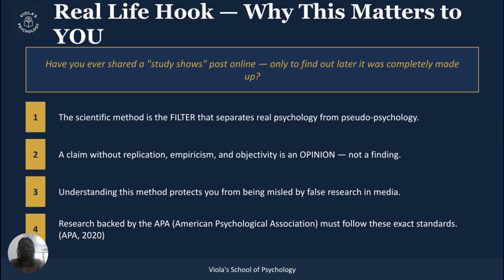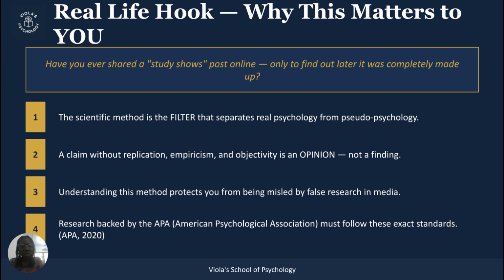A claim that has not been replicated, which means you've heard a claim and it has been tested by different people and it's not giving similar results, is just an interesting finding. It's not a fact.